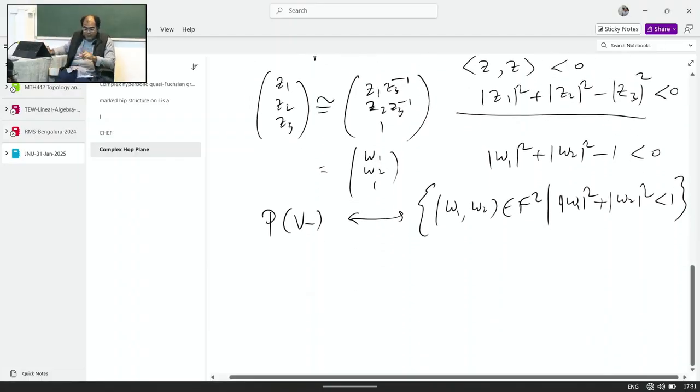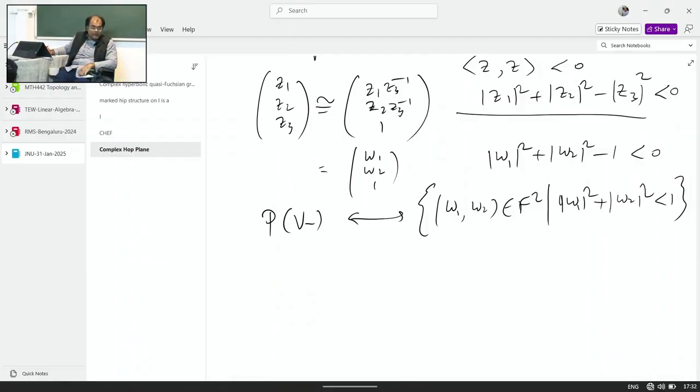I would end here with the fact that whenever you talk about the hyperbolic plane, there is a metric associated to it. Now, what is that metric? In this setup it is called the Bergman metric, and it can be defined in the following way. You have two points Z and W in the complex or real hyperbolic plane. You lift them to F3, and then you have the inner product there.